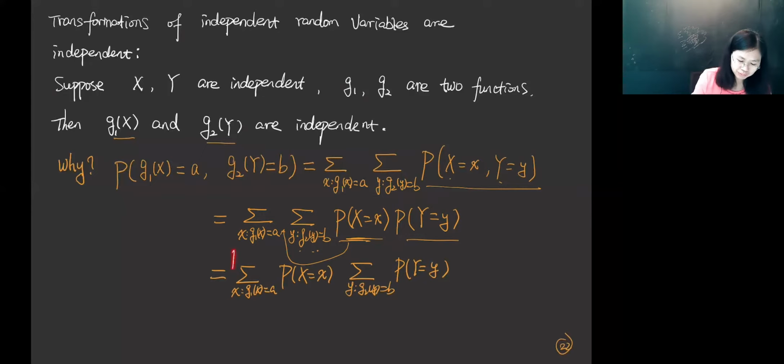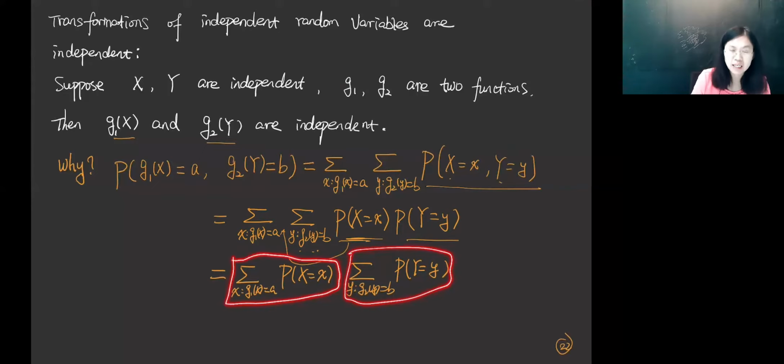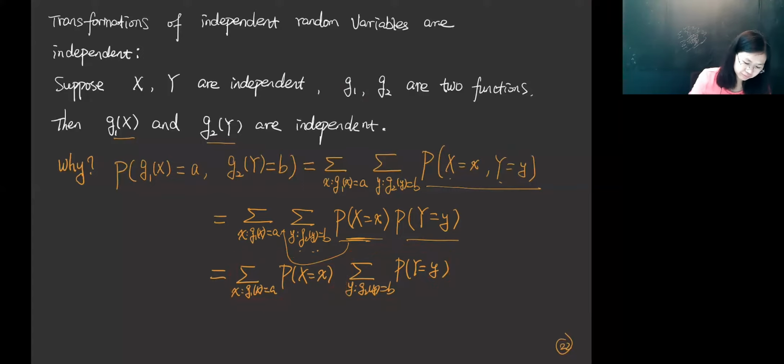Now notice what these summations are. The first summation is exactly the probability that g1 of x equals little a, and the second summation is the probability that g2 of y equals little b.